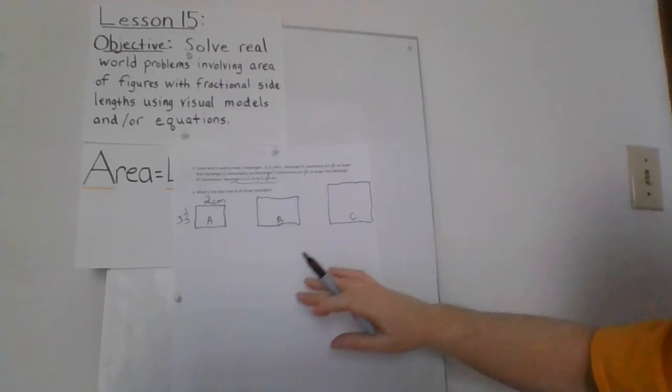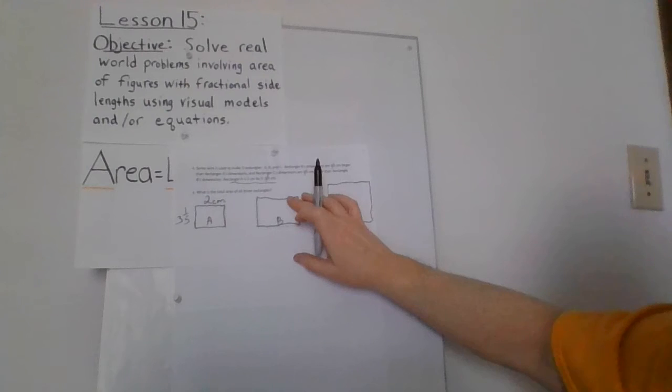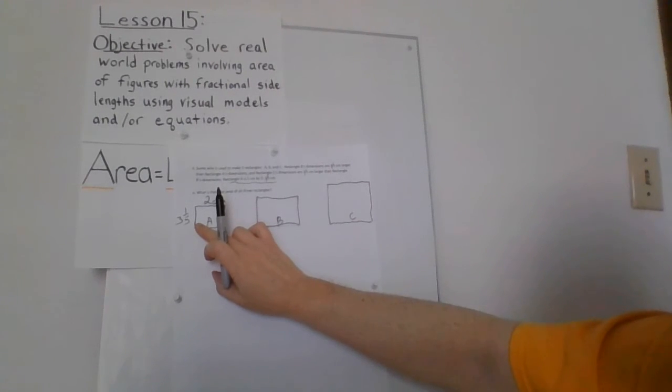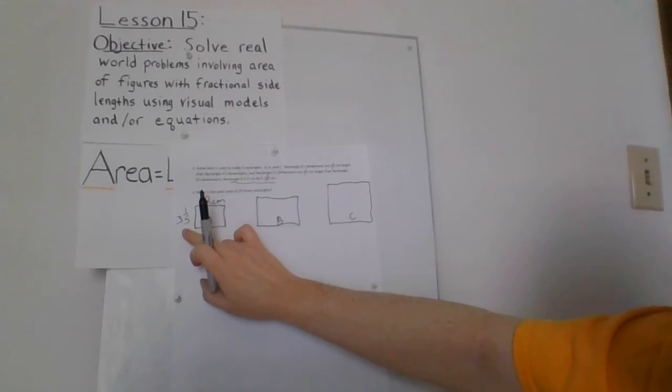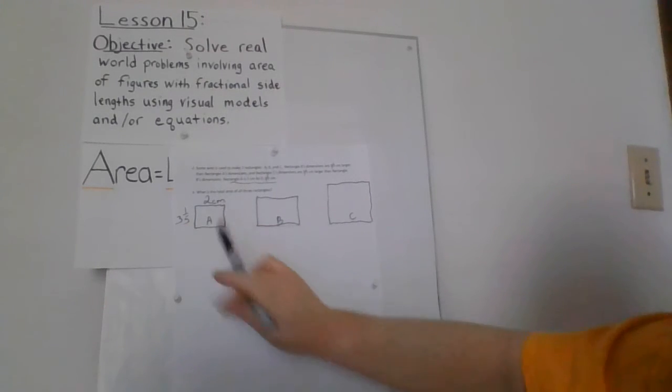So in order to find rectangle B, we are going to do the 3/5, and we have to add that to the dimension of A, which is 3 1/5.